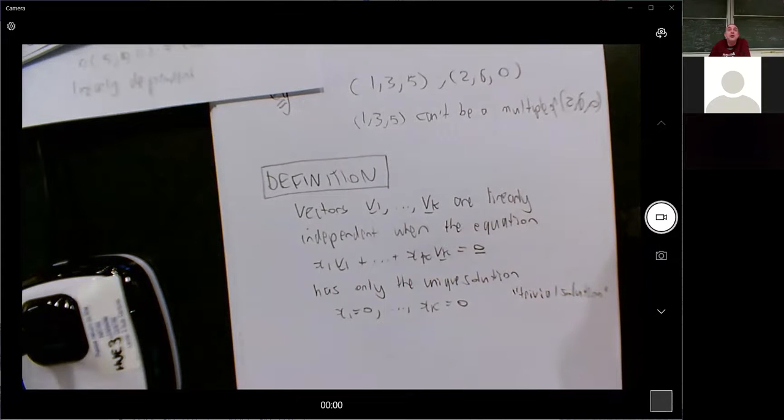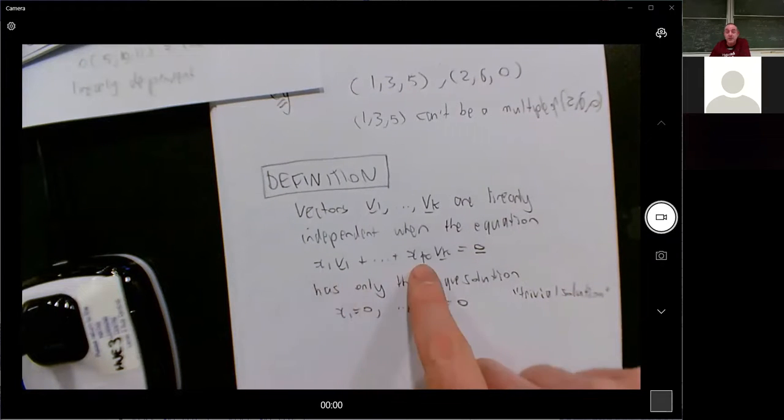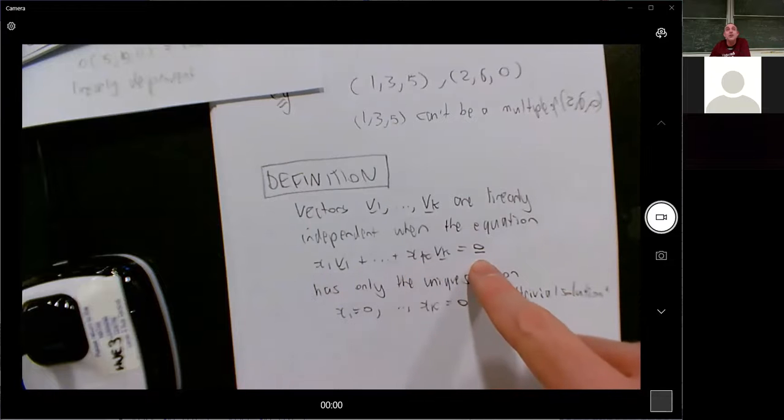So trivial in ordinary English means unimportant, but it can also mean really easy to think about. That's also another meaning of trivial. And so the easiest solution to think of is that, well, if all the x's are 0, the answer will be 0.